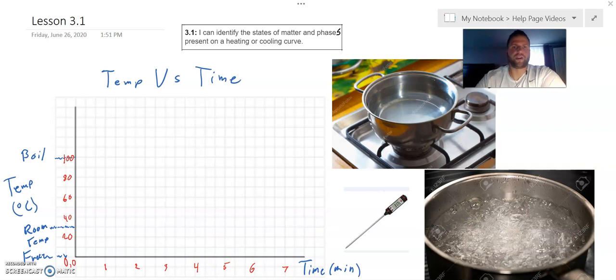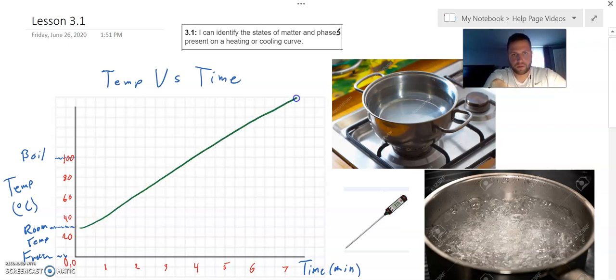So hopefully you've drawn your graph at this point. And what I'll start off by saying is that most people who've never taken a chemistry class would predict the graph to look like this. A straight line that keeps going up and up. If we take the data using this instrument, a thermometer, what we actually find is that this graph looks a little bit different.